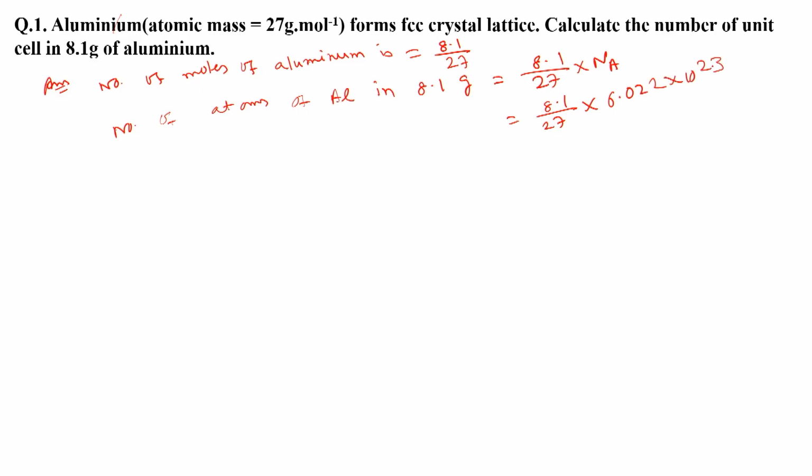What we need to consider is the FCC crystal lattice. As the crystal is FCC, the number of atoms in one unit cell, as we just discussed, is 4.